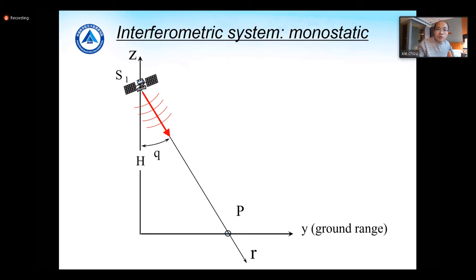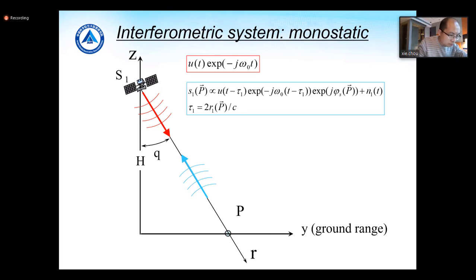For interferometric systems, there are two different systems. One is called monostatic systems. In monostatic systems, the same antenna acts as both the transmitter and the receiver. It switches from one mode to another thousands of times a second.